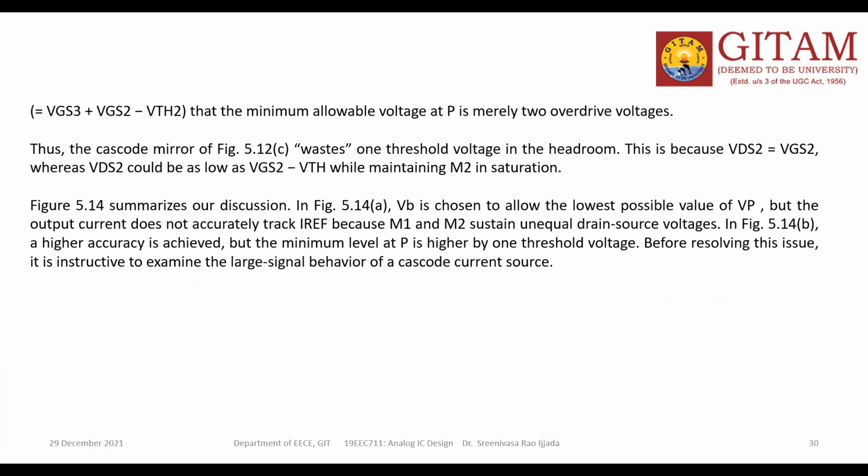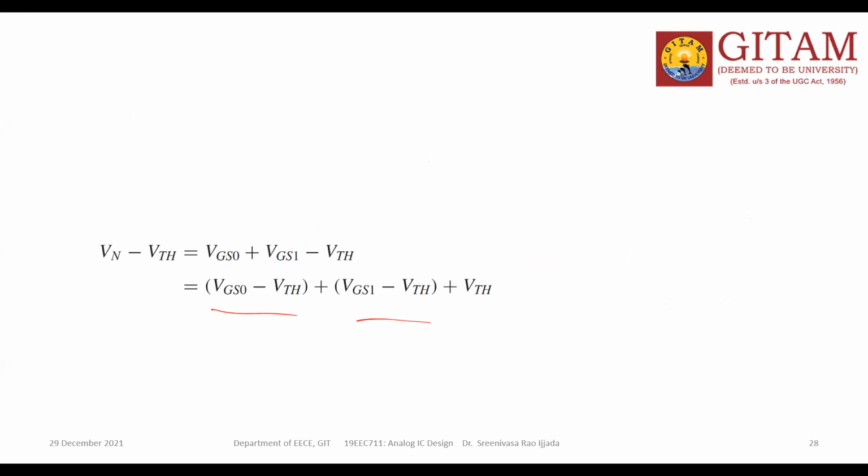So this cascode mirror circuit wastes one threshold voltage in the headroom, because there we got two overdrive voltages plus one VTH. So it wastes one threshold voltage in the headroom, because if you see this formula, this is one overdrive, this is one more overdrive.